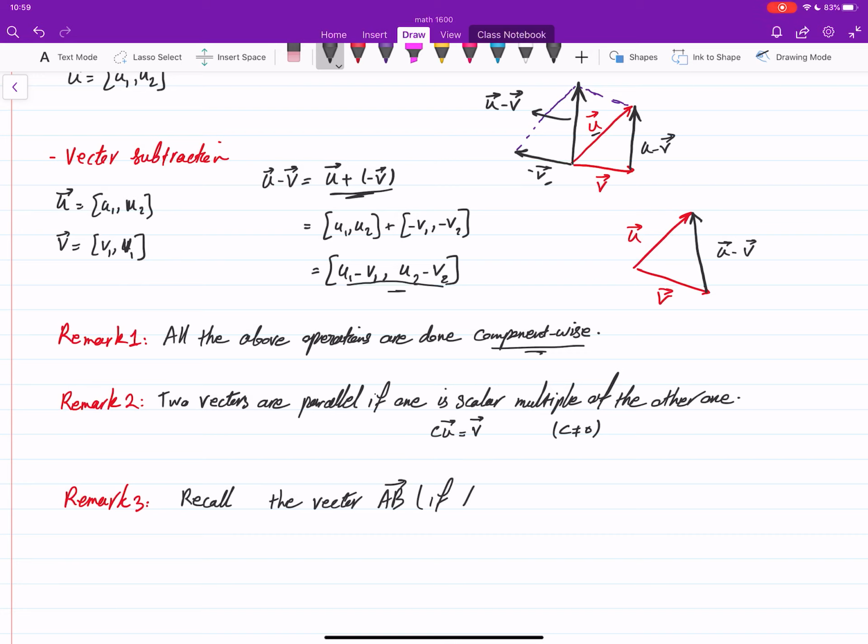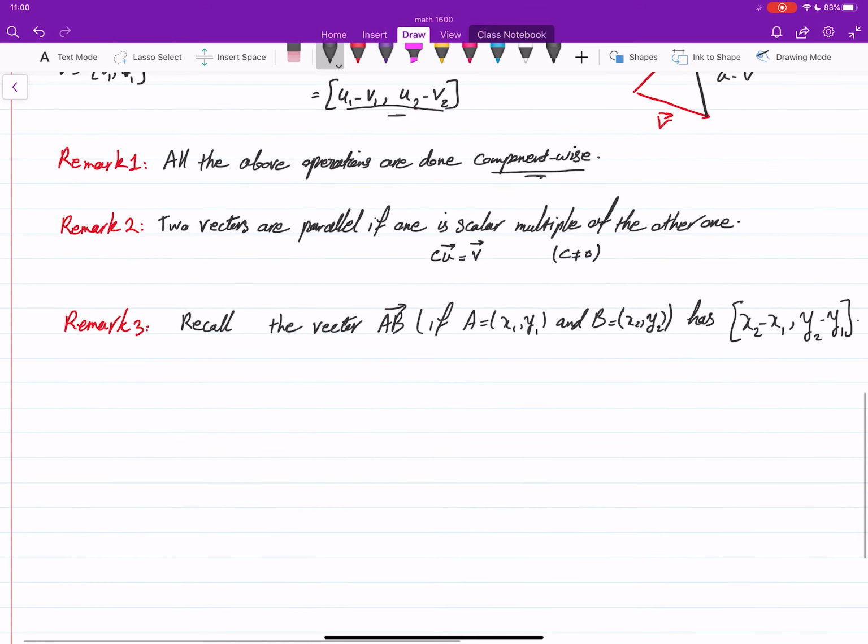Well, if A is a point with coordinates x1, y1, and B is a point x2, y2, then vector AB has components x2 minus x1, y2 minus y1.